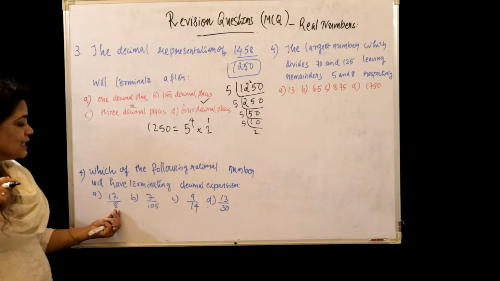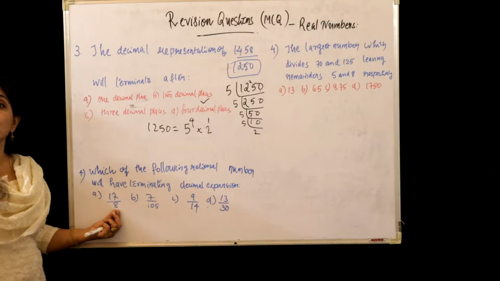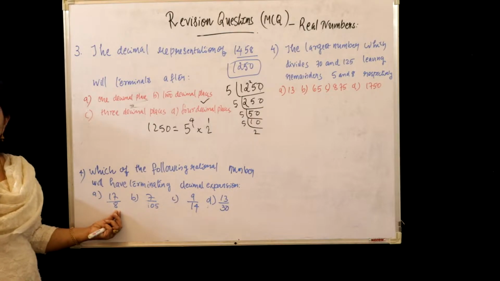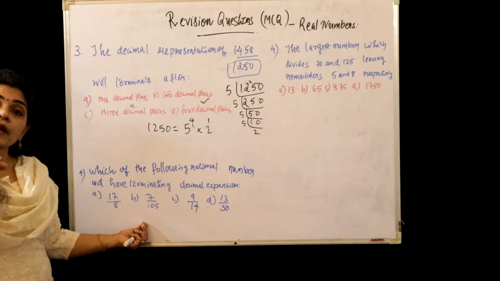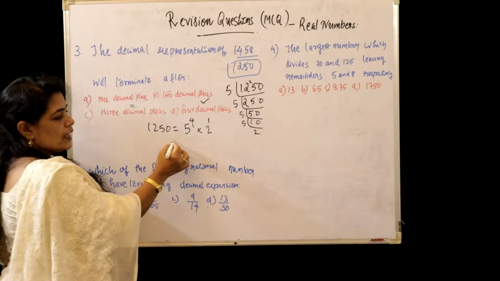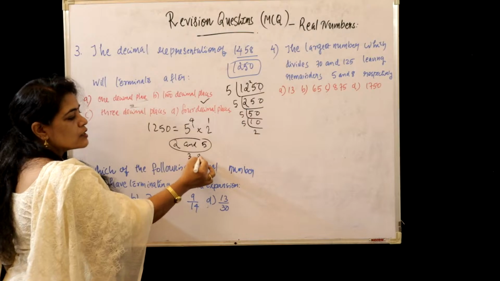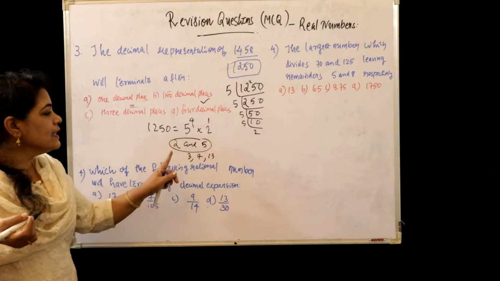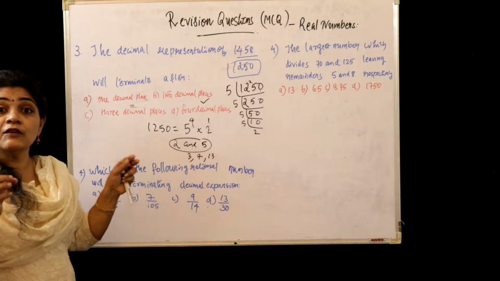If the prime factorization of the denominator has only 2, or only 5, or both 2 and 5, all such rational numbers will terminate. But if any prime other than 2 and 5 occurs, that means 3 or 7 or 13 or 11, all these are prime numbers, then they will not terminate.